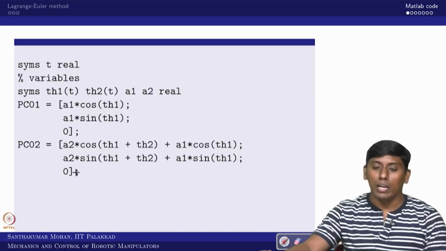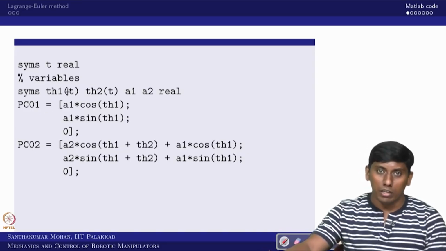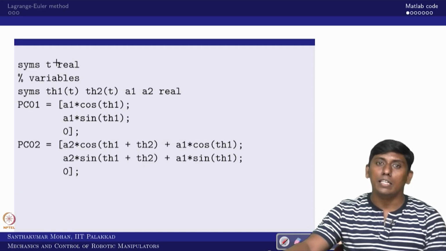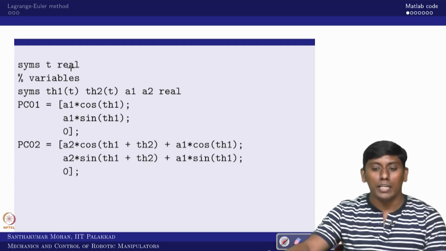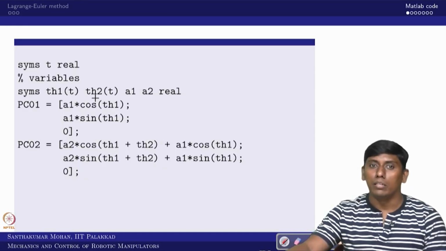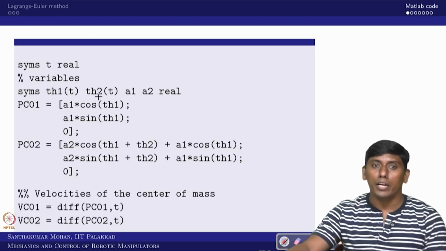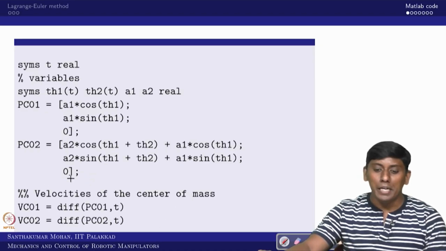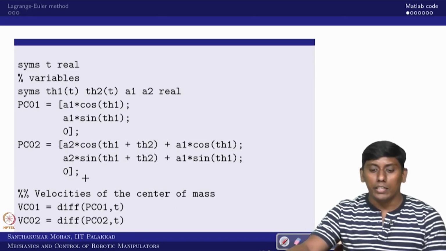Right now, theta 1 is a function of time, and t is time, which is a real variable. So a1 and a2 are constants, but theta 1 and theta 2 are time-dependent variables. In that sense, we can take the velocity of center of masses simply by time differentiation.